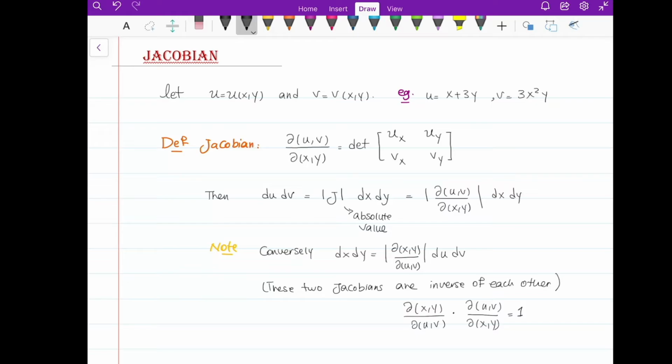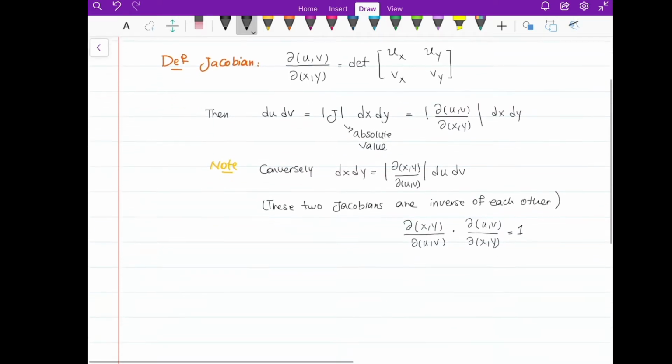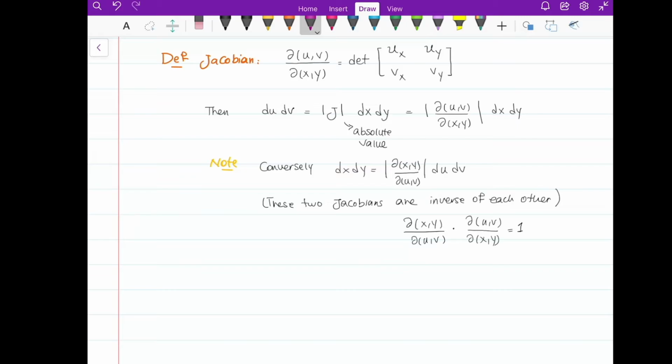Very good. So let me give you one example, and the example I'm going to tell you right now is polar coordinates, because we use it a lot. So let's see. If we define x to be r cosine theta and y to be r sine theta, since I have x as a function of r and theta and y as a function of r and theta, I'm going to use the Jacobian of x and y with respect to the new variables r and theta.